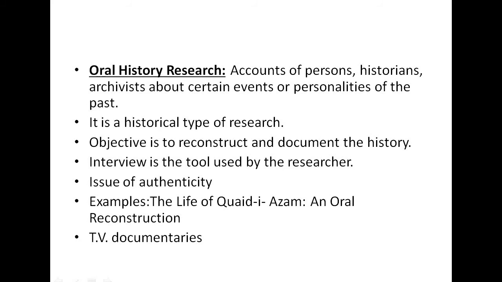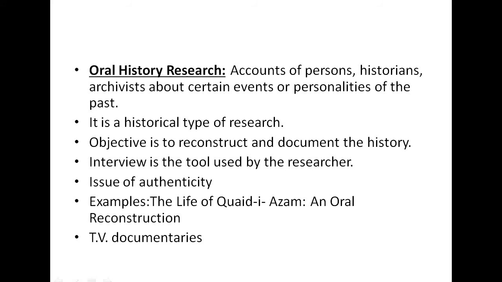However, there is an issue of authenticity in such kind of research. Not only may the researcher be subjective, but all those people from whom we are taking interviews and collecting data might be very emotional, sentimental, and subjective about certain events or certain personalities. They may have biases about these events and personalities.